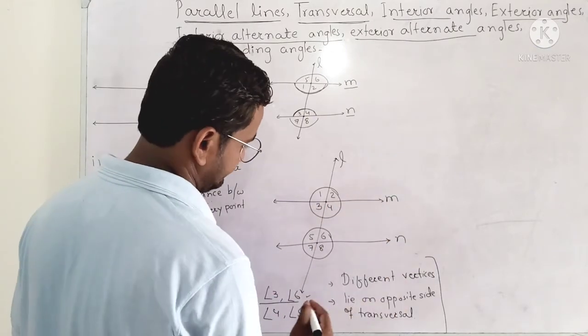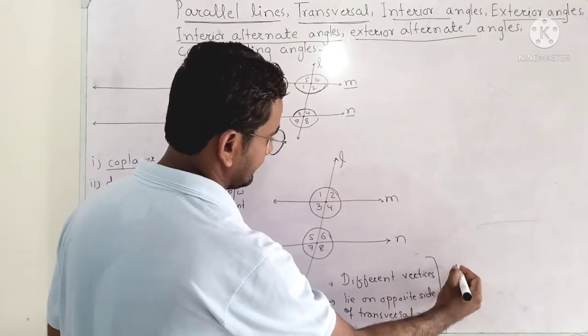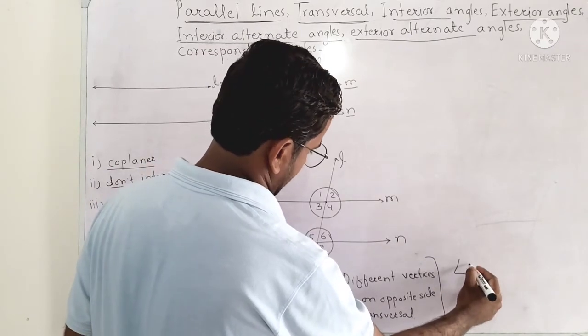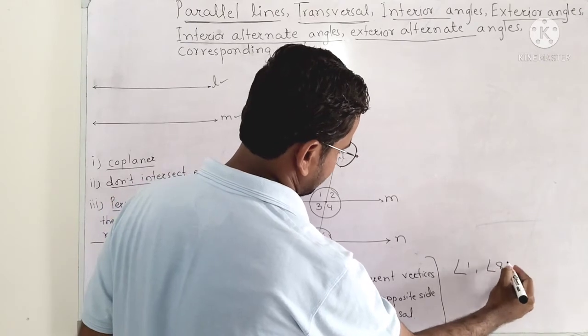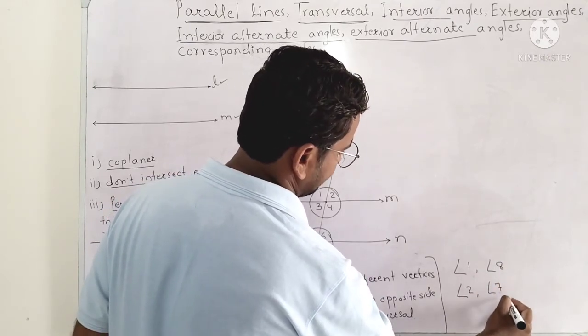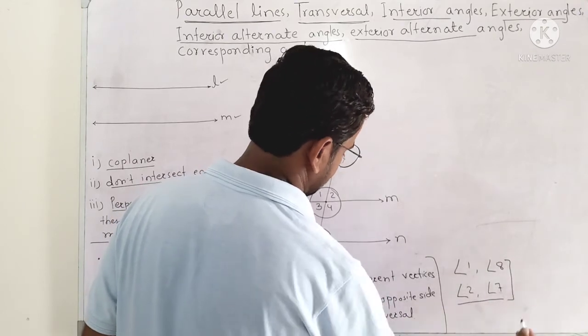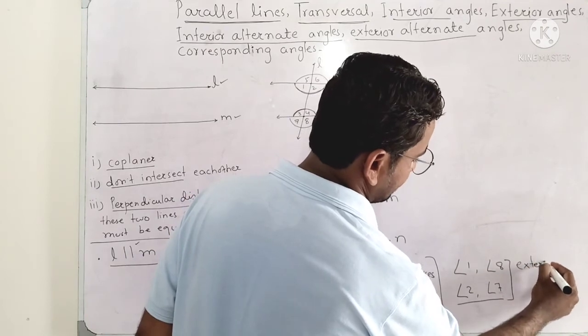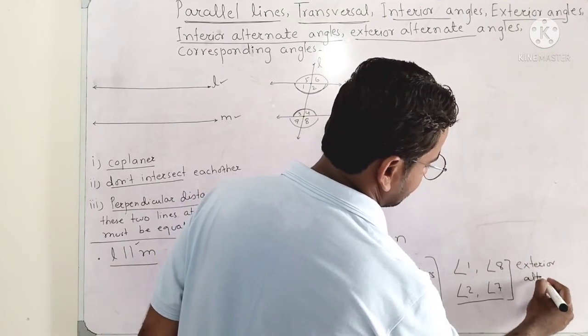So angle 1 and angle 8, similarly angle 2 and angle 7, these angles are called exterior alternate angles.